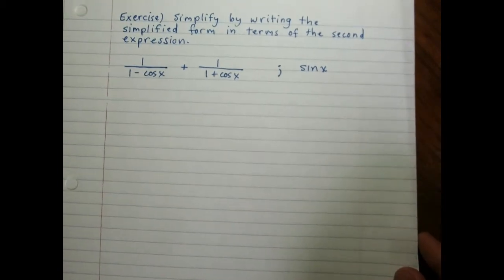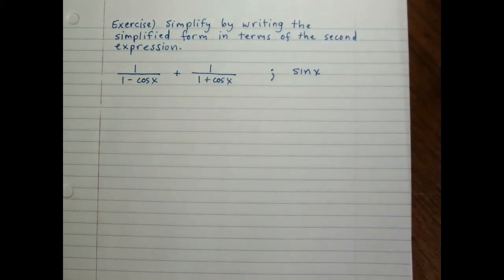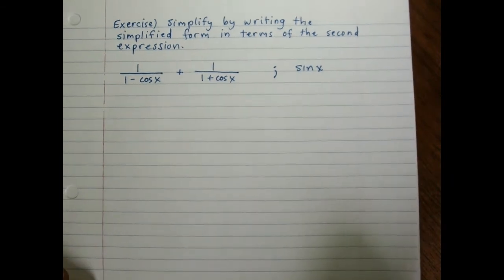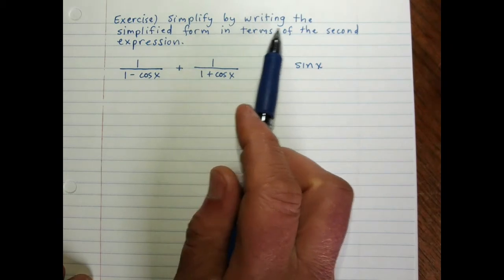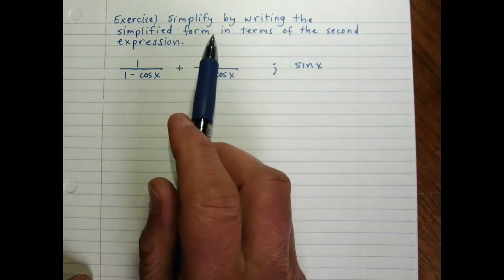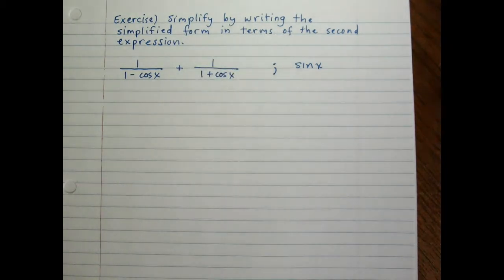Okay, one more problem I'd like to work through on this video segment. And I'm using instructions from the textbook here. There are some homework problems where they use, I think, these words exactly. Simplify by writing the simplified form in terms of the second expression.